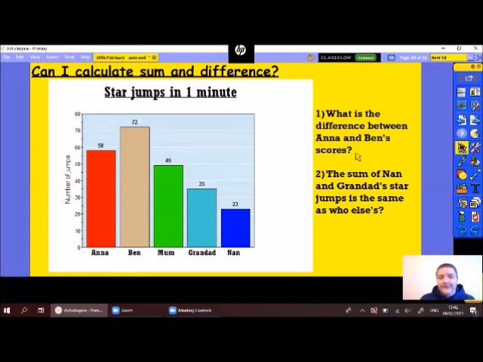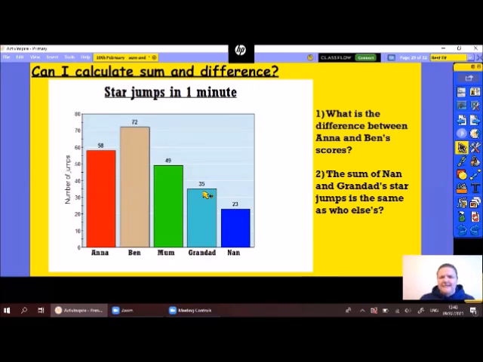Both are fine. Question 2 says the sum of Nan and Grandad's star jumps is the same as who else's. So we need to find the sum of Nan and Grandad. If we find them on the bar chart, Nan got 23, Grandad got 35. So if we're finding the sum, we had to add those two numbers together, which gives us a total of 58.